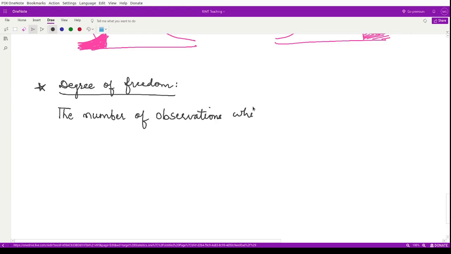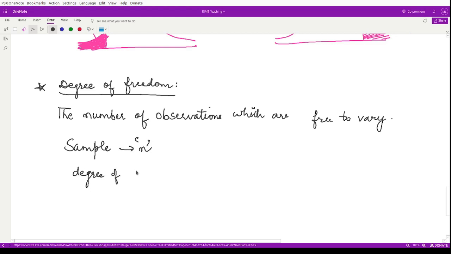Suppose your sample has in total n elements within it. Its degree of freedom would be a number which is less than this number. So it would be n minus 1. This is the degree of freedom.